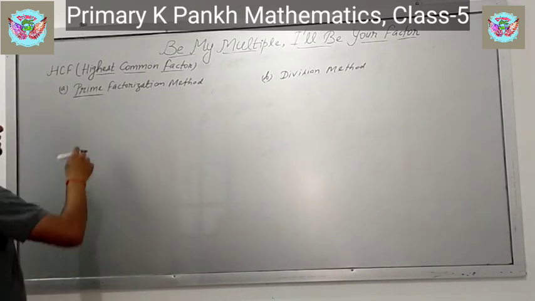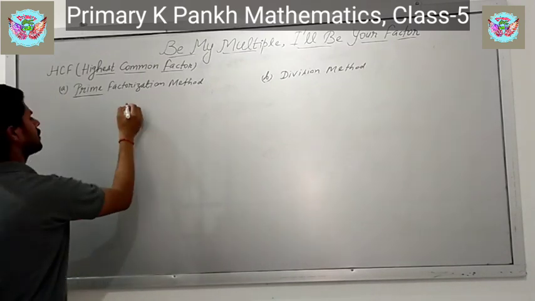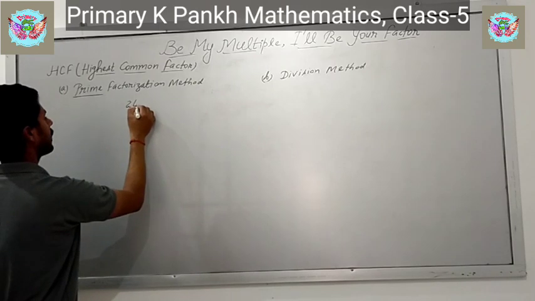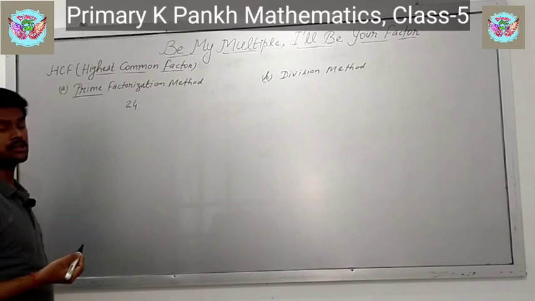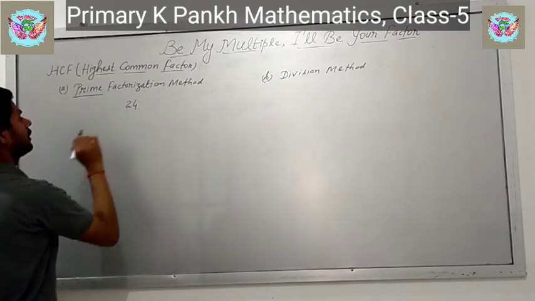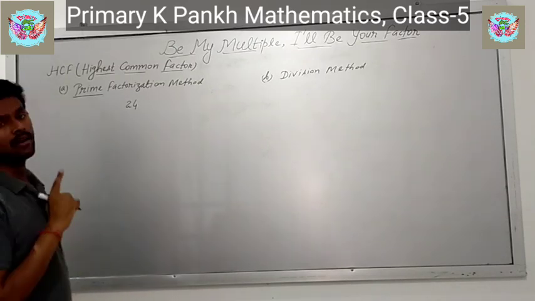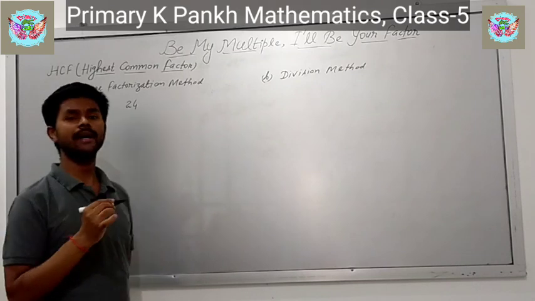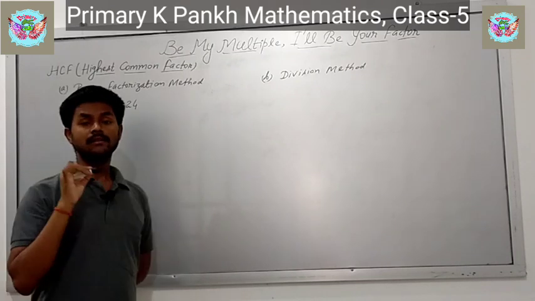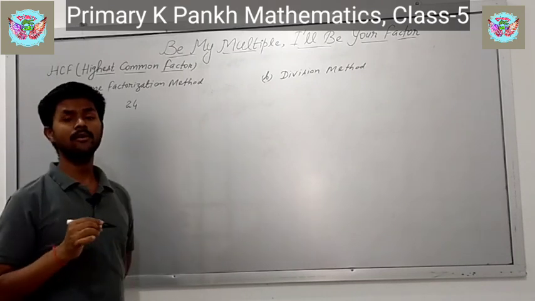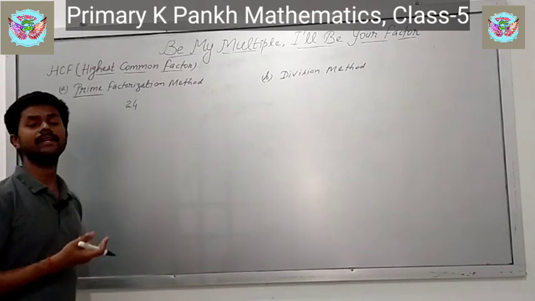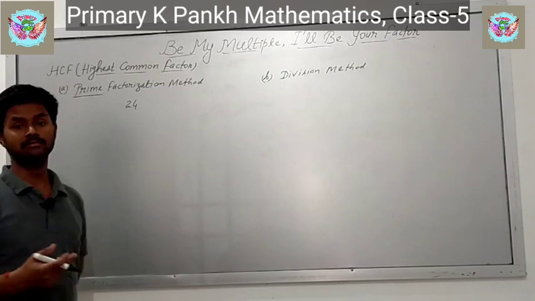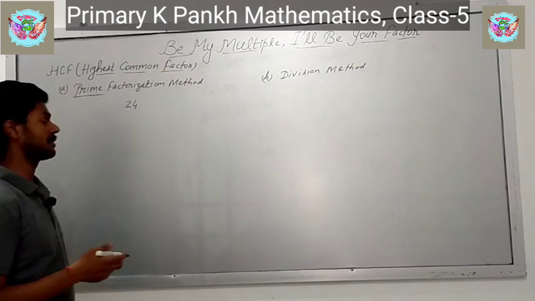Know about this. Suppose you have a number like 24. How will you find prime factorization of 24? Remember one thing always, you have to find the factors of 24 as only prime numbers. You do not have to divide 24 by anything other than prime numbers, like composite numbers.